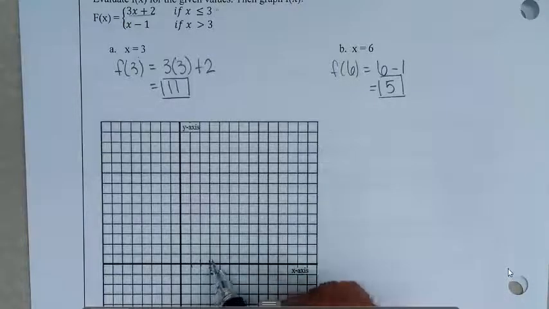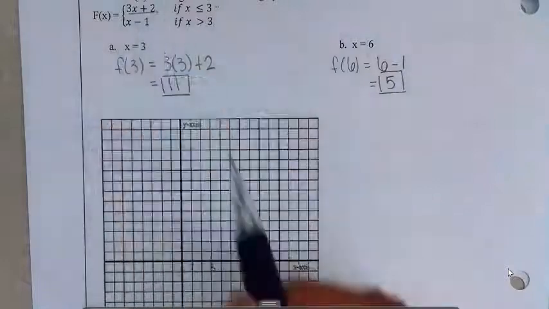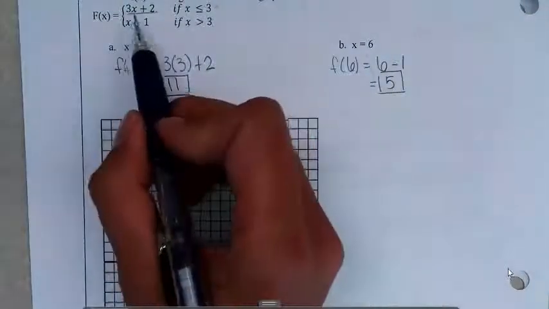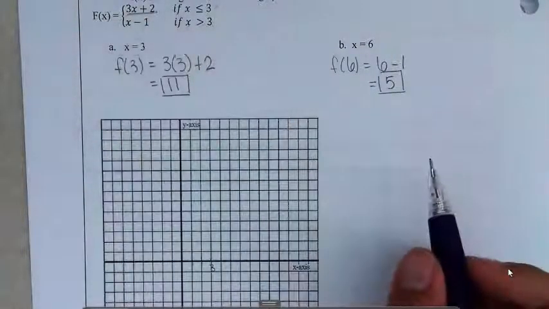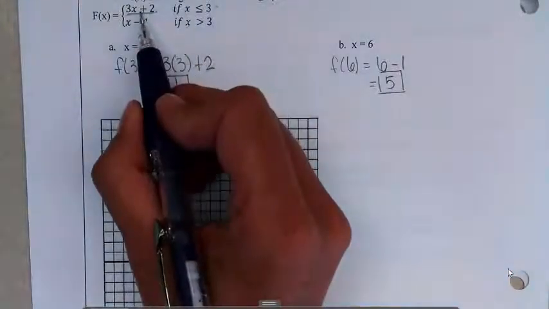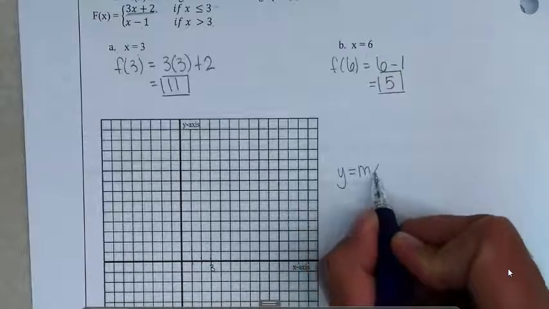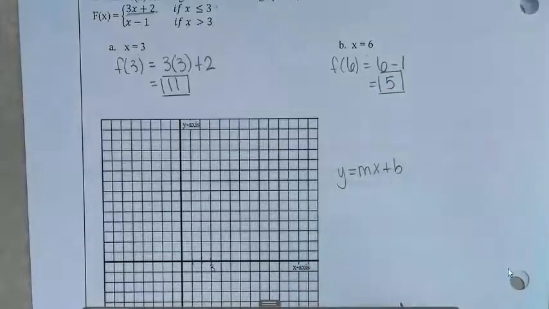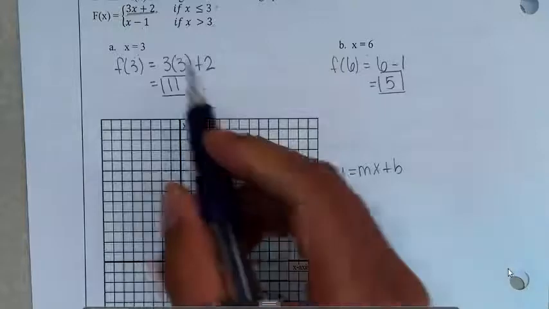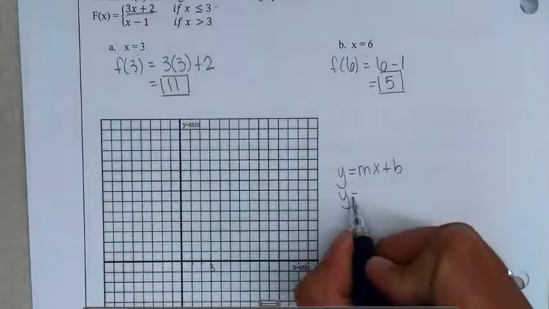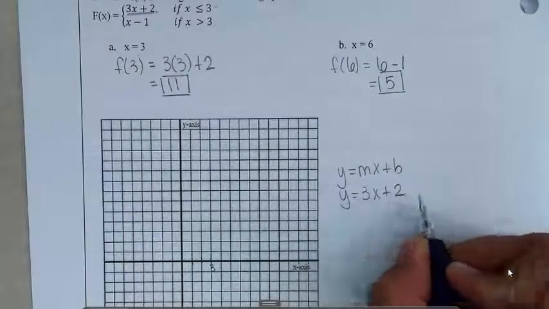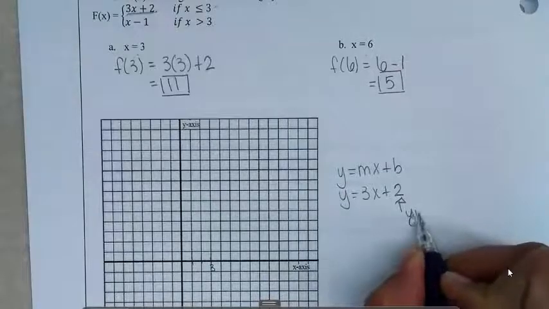So my first piece is pretty simple. I'm just going to graph this like I would any other time. So I think of this as y equals mx plus b. So this is y equals mx plus b, right? Well, in this equation, this is my y-intercept.